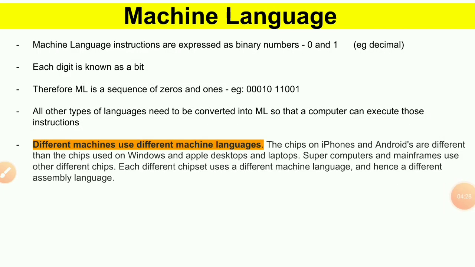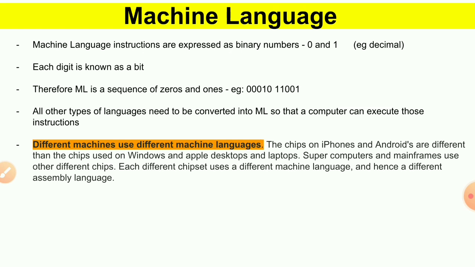Okay, so now when we talk about computers, computer does not only mean our laptops and desktops, it could be any electronic device which has got a chip. It could be an iPhone device, an Android device, a supercomputer, a mainframe computer, or any other kind of digital electronics such as a washing machine, toaster, microwave oven.